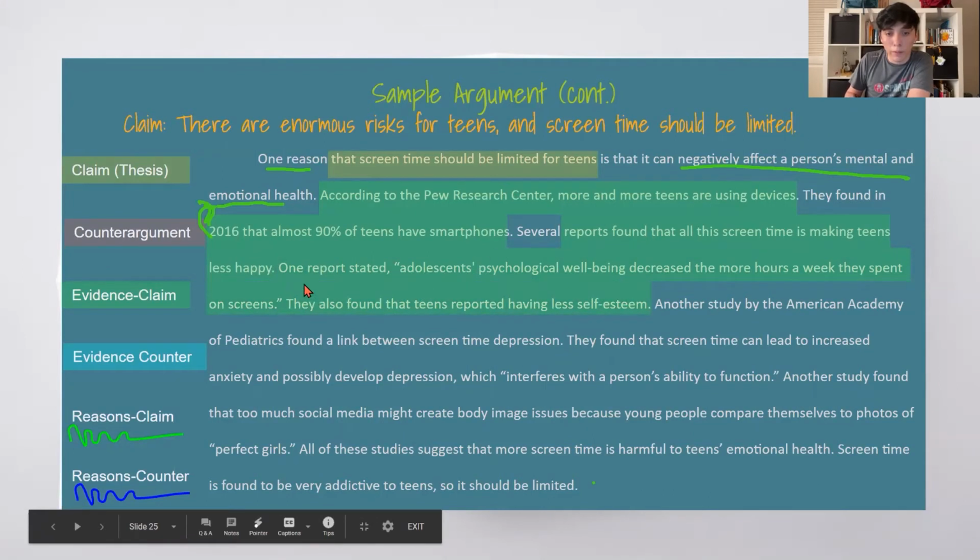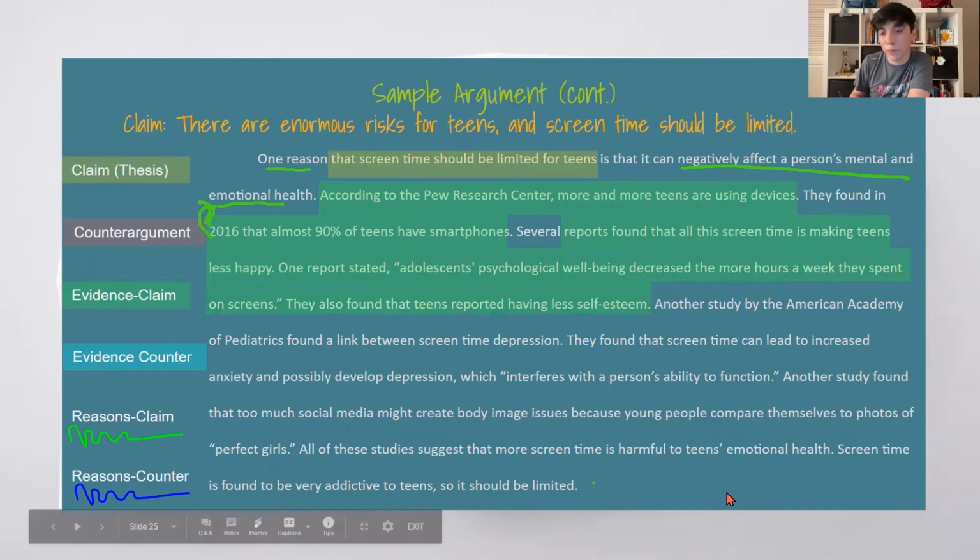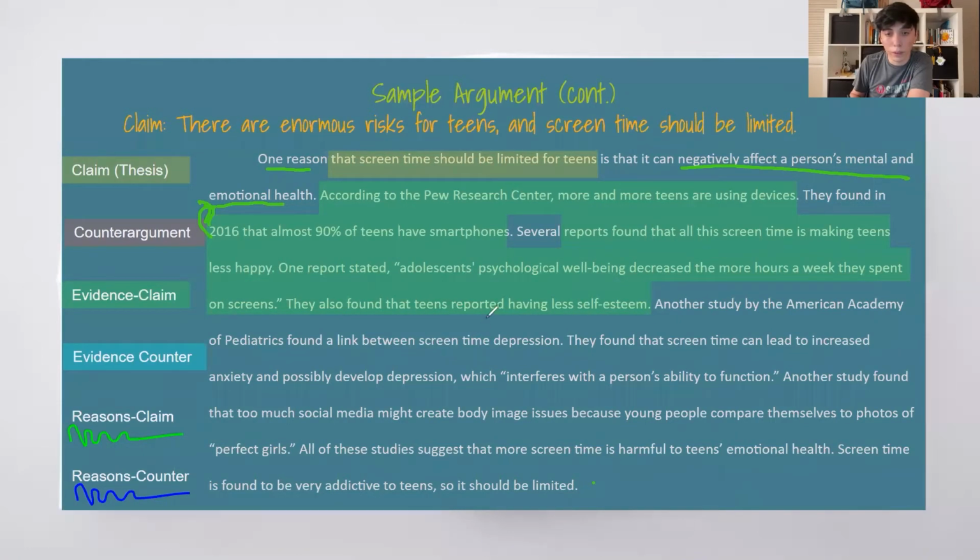Okay, so here's another piece of evidence. One report stated adolescents' psychological well-being decreased the more hours a week they spent on screens. And they also found that teens reported having less self-esteem. So again, this piece of evidence supports the claim.